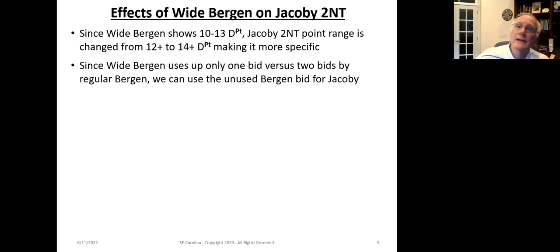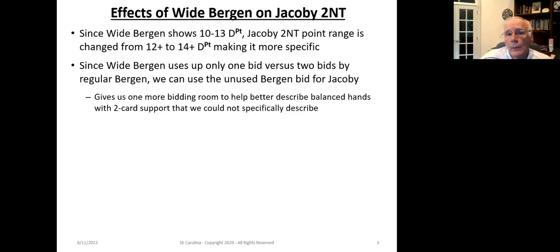Instead of having it as a 12+ without a singleton or void and 14+ with a singleton or void, you can now make it 14+ all the way around. So we don't have that confusion about it being a weaker hand. And this gives us more bidding room to help develop a better described balanced hands with 2-card support that we can use in relationship to two-no trump.